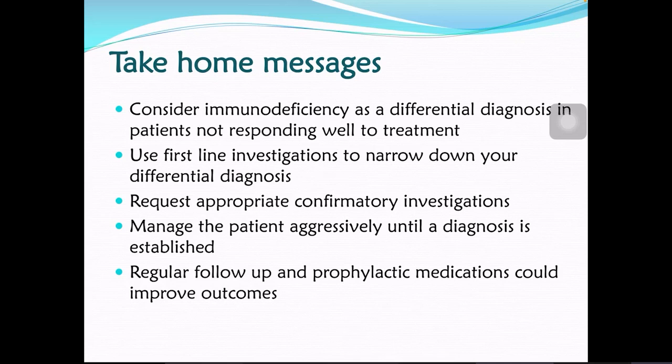And once you have suspected immunodeficiency, it's very, very important to manage these patients aggressively until you have a diagnosis established. So regular follow-up, prophylactic medication, use of IVIG will certainly improve the outcomes of some of the immunodeficiencies.